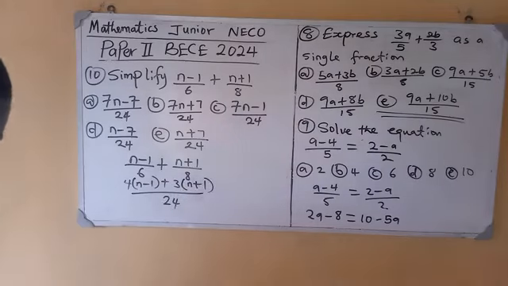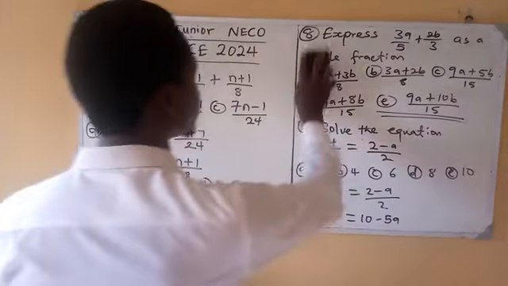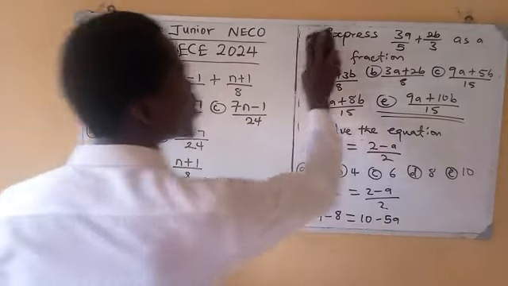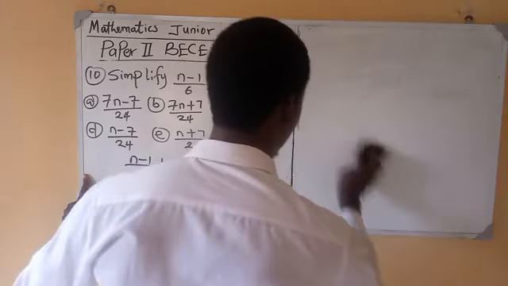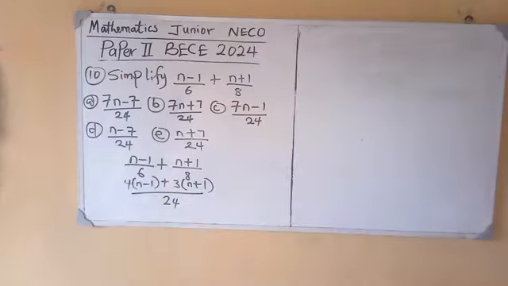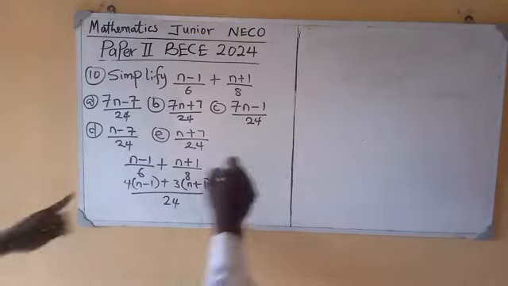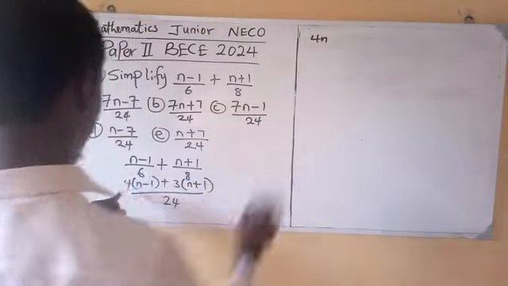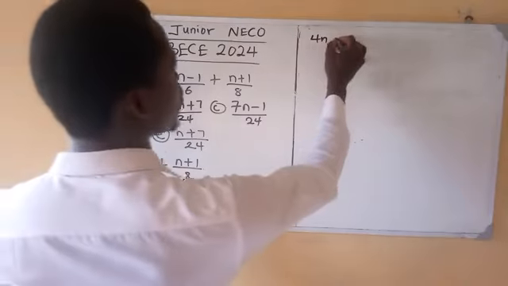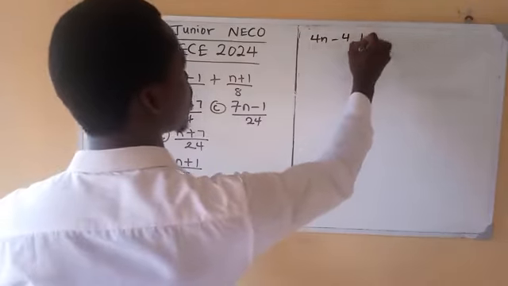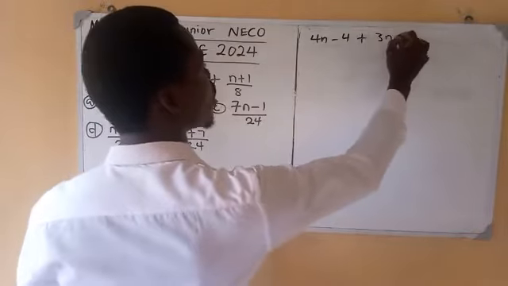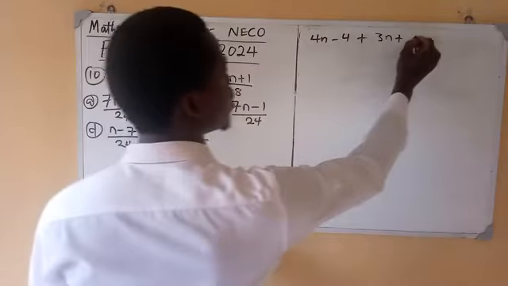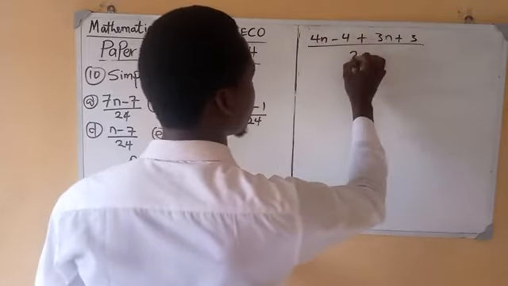So when we go further, let's clean the other side of the board. So that will be 4n minus 4 plus 3 times n, we have 3n, plus 3 times 1 is 3, all over 24.